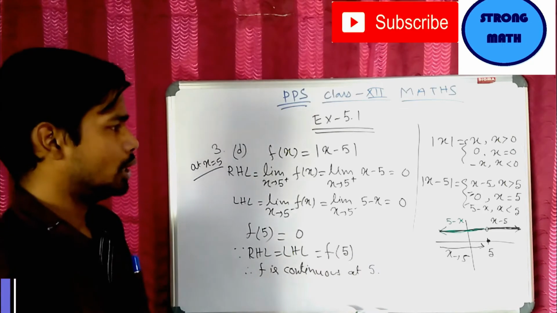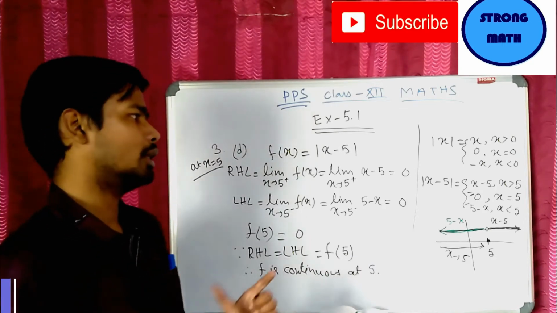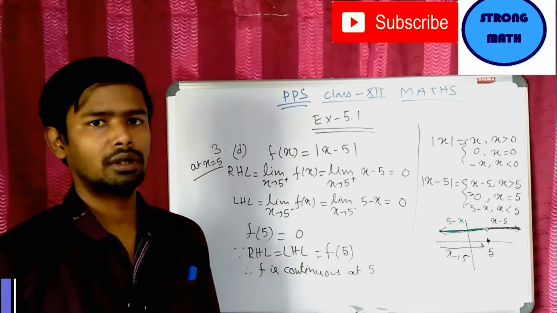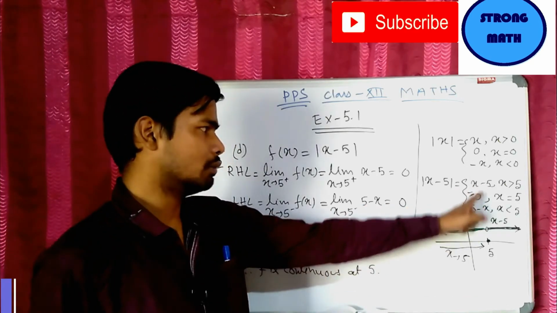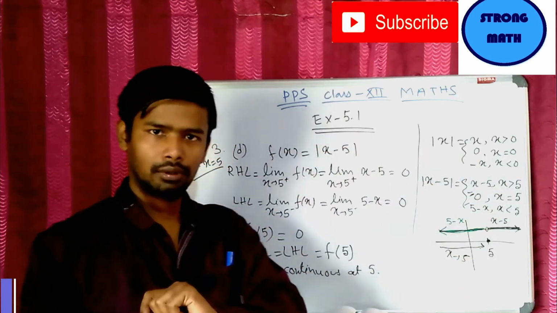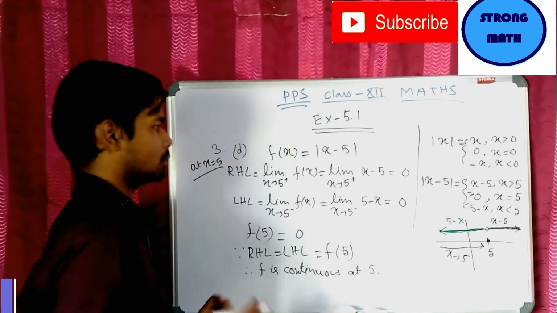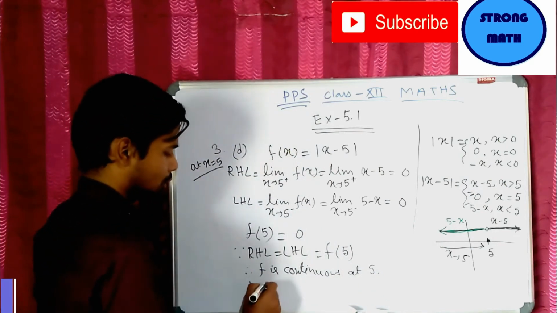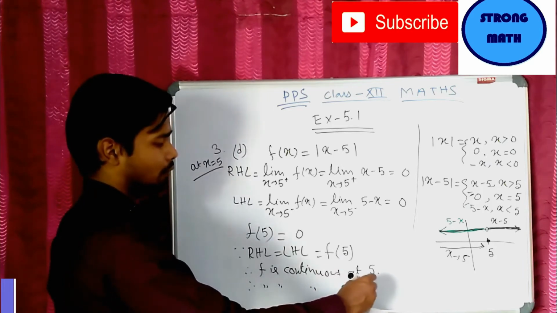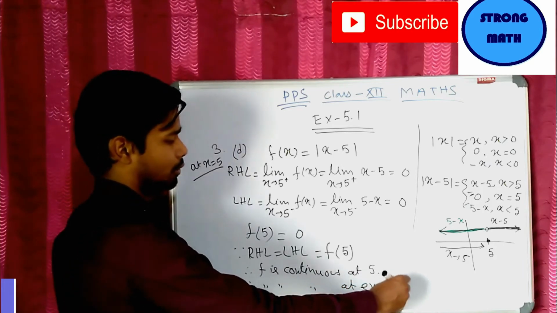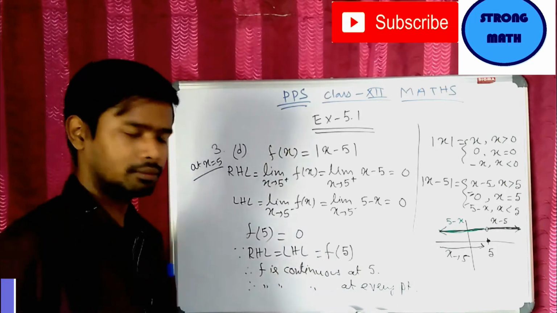Now look, we only have to calculate whether the function is continuous or not at x equals 5, because the function is breakable at x equals 5. Therefore function f is continuous at every point. Clear?